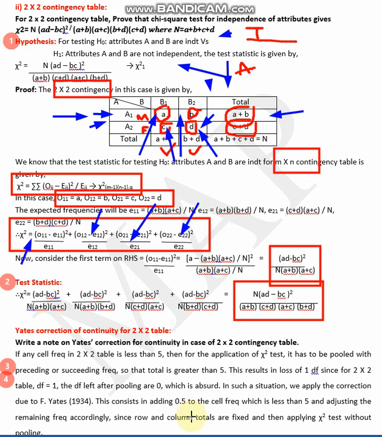This consists in adding 0.5 to the cell frequency which is less than 5.